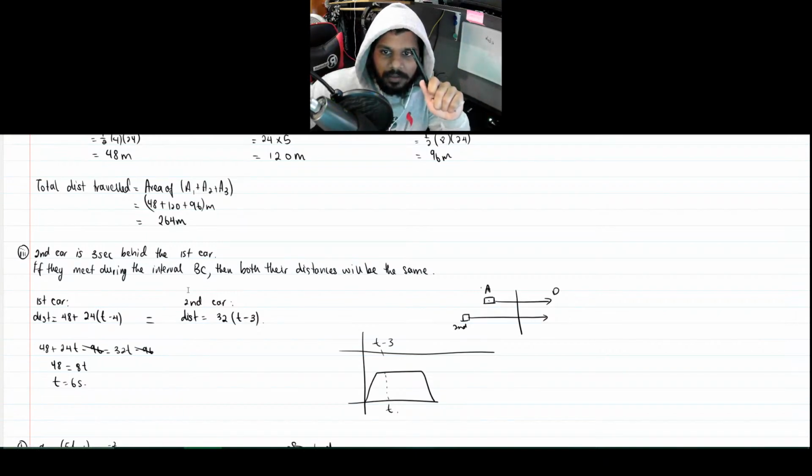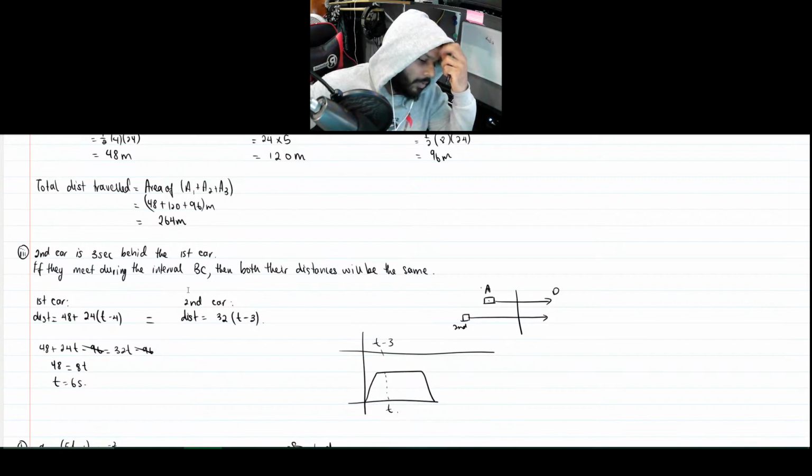If the second car drives past point A 3 seconds after the first car left point A, that means the second car is 3 seconds behind the first car. Calculate the length of time after the first car started that the second car meets it. Now, in order for both of them to meet, their distances will be the same. Regardless how fast you drive, their distances will be the same.